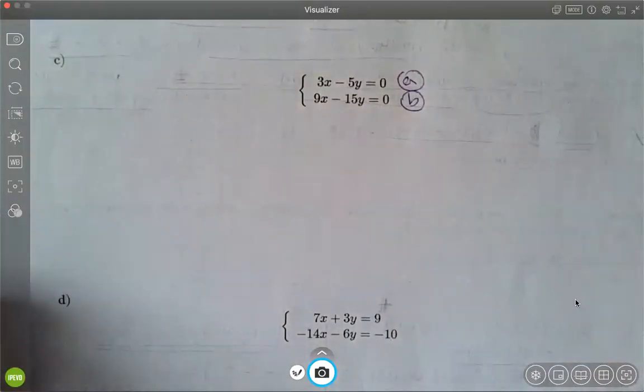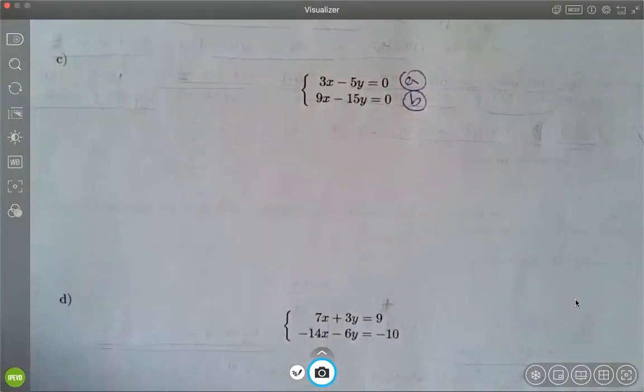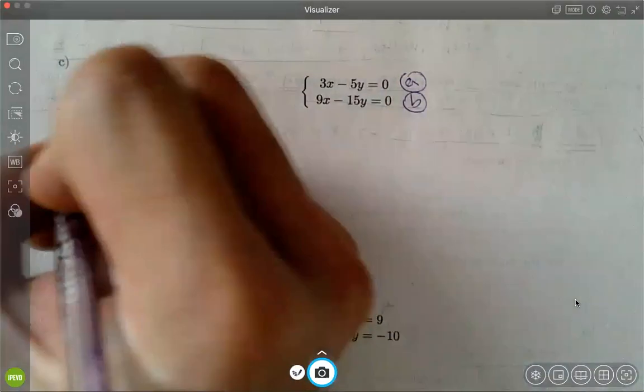Okay, so now here, what are the x coefficients? Are they opposites? No. Are y coefficients opposites? No. So how can you manipulate or change each equation so that we have opposite coefficients?